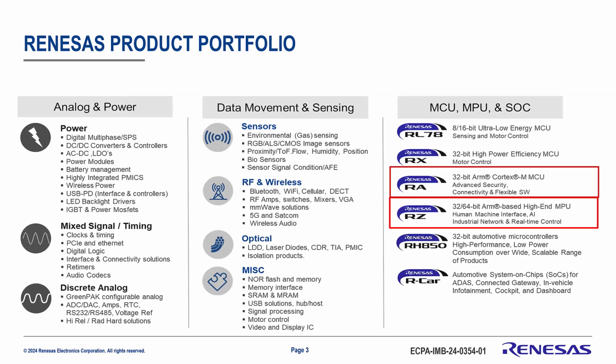And finally, on the right, we have the embedded products, which include microcontrollers and MPUs. We're focusing today on the red boxes, the RA series of 32-bit microcontrollers and the RZ series of 32 and 64-bit high-end microprocessors.